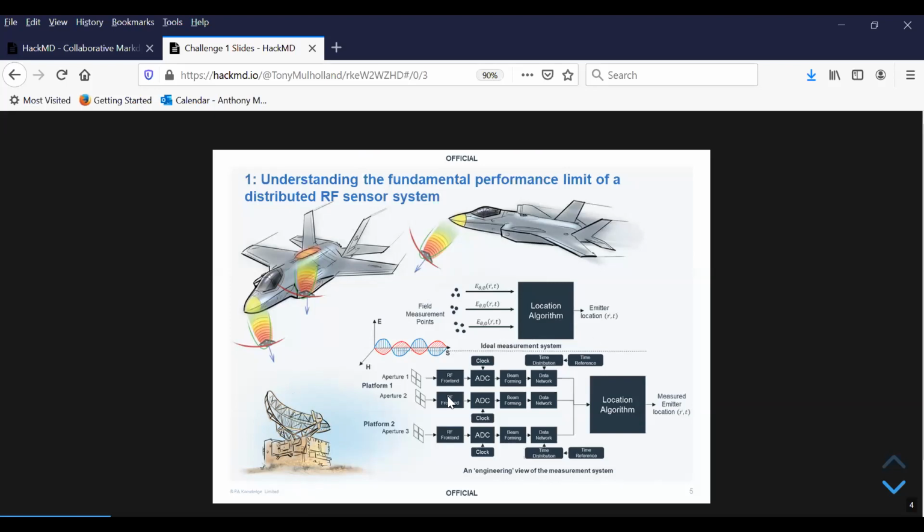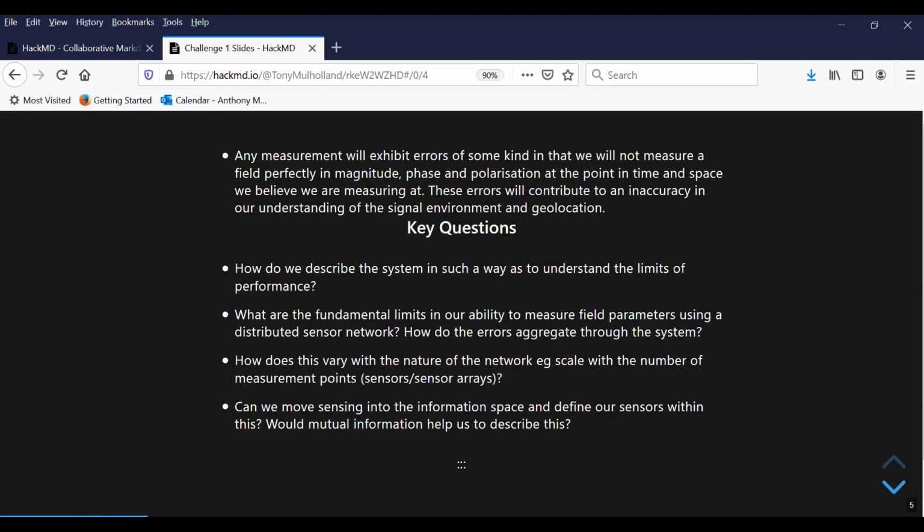It's a very complicated pipeline of things that can go wrong or can propagate uncertainty. So there'll be errors in the measurement, and that ultimately will cause some error in the purpose of the system. As I say, we'll look at geolocation as a particular case.